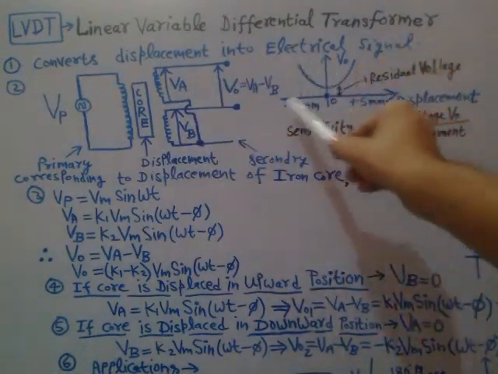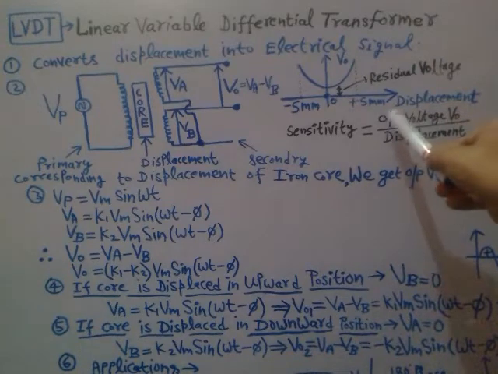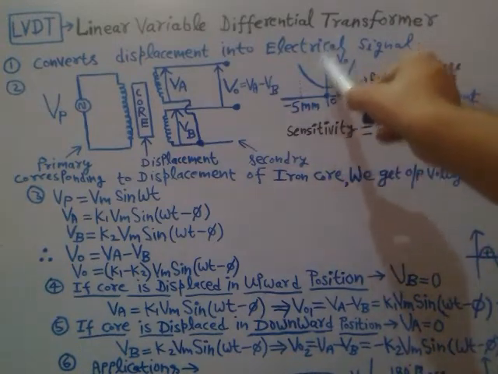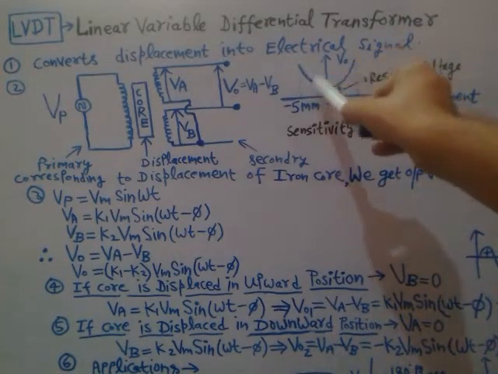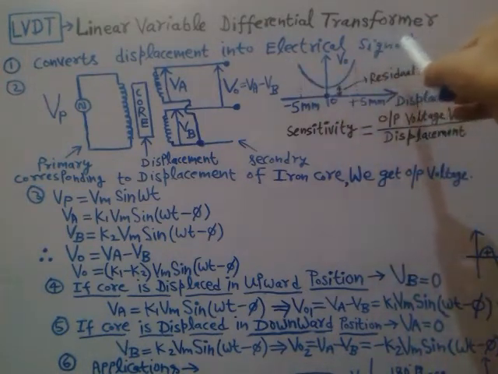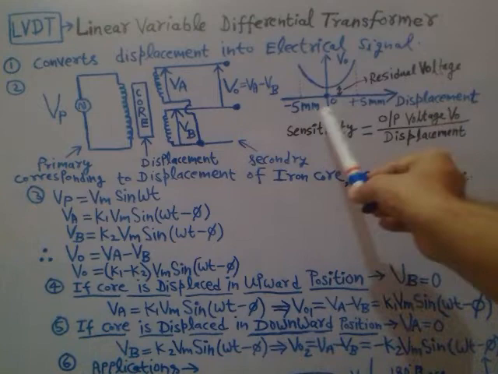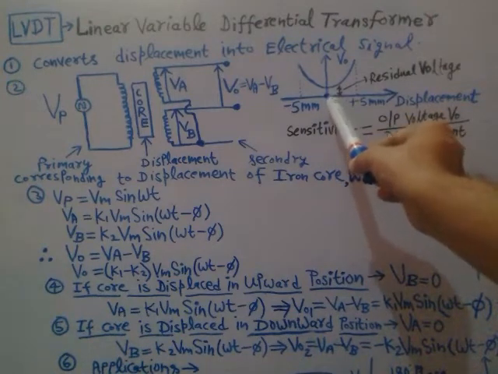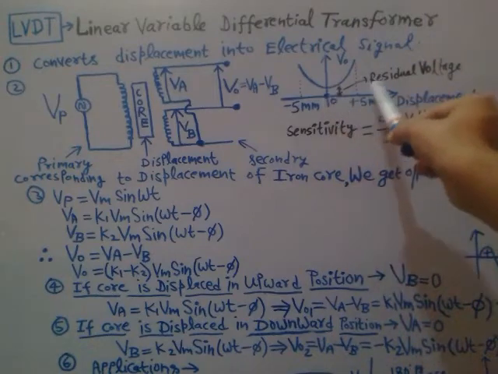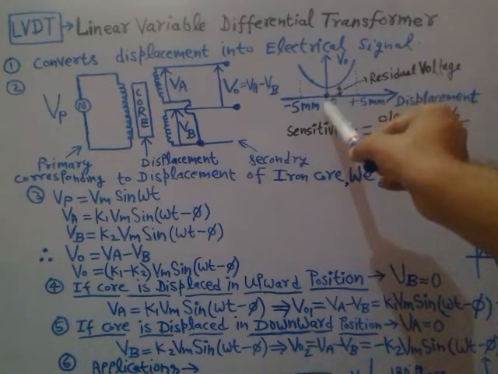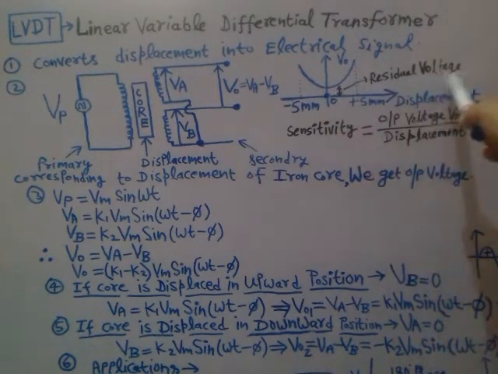If you plot a graph between output voltage V0 and displacement, you get this kind of characteristic, right? Here it is slightly shifted from the origin. This shift from the origin is basically due to the residual voltage.